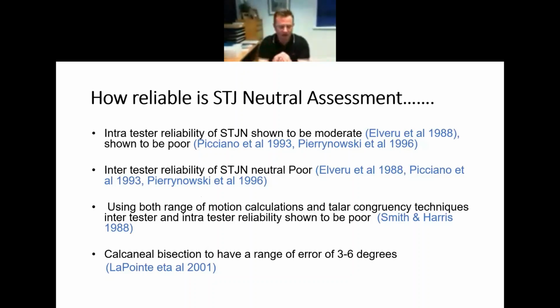So how reliable is drawing lines on the back of the leg? If you look at Lapointe's study, a systematic review of the literature, you've got a variation of 3 to 6 degrees between clinicians assessing the same patient. If we're prescribing an insole, that level of variation could be a significant variation in the size of the wedge.